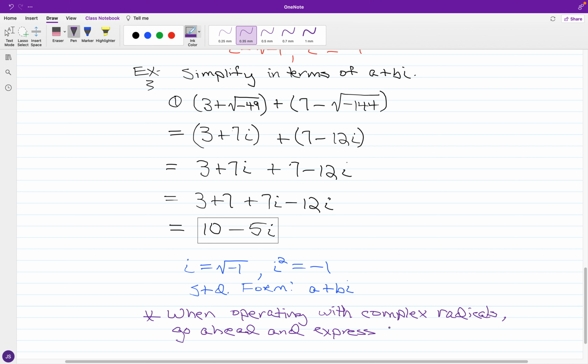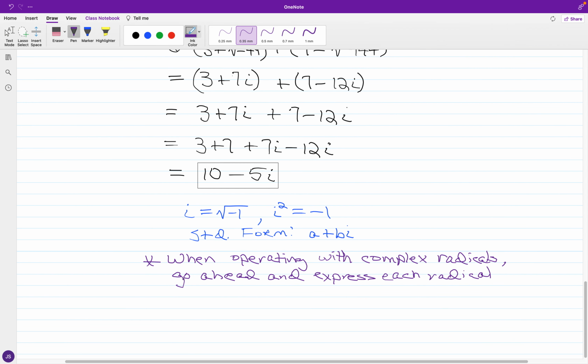I'll show you why in just a moment. So we can express each radical in terms of i. I'll give you some cases here.